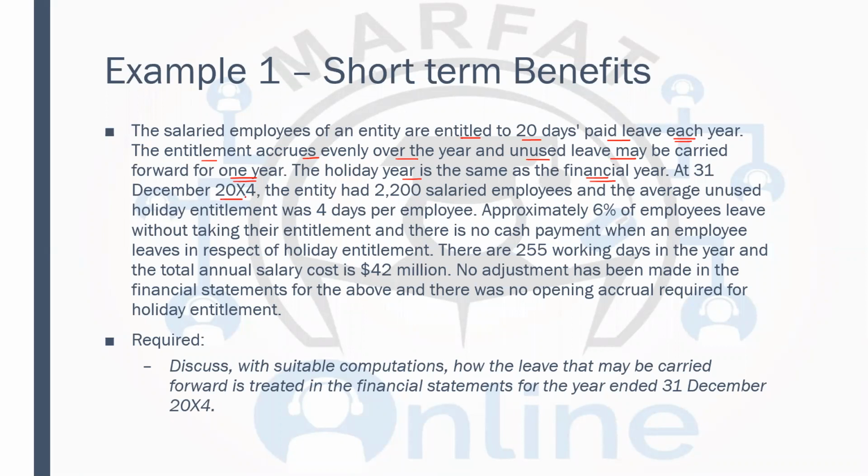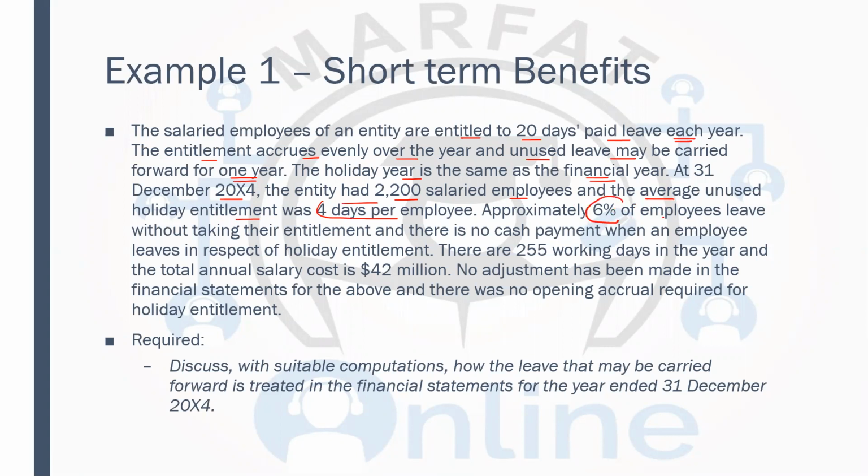At 31st December 2004, the entity had 2,200 salaried employees, and the average unused holiday entitlement was 4 days per employee. So you see, 2,200 are the employees, and unused average holidays are 4 days per employee.